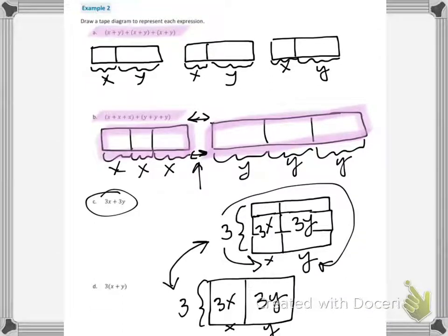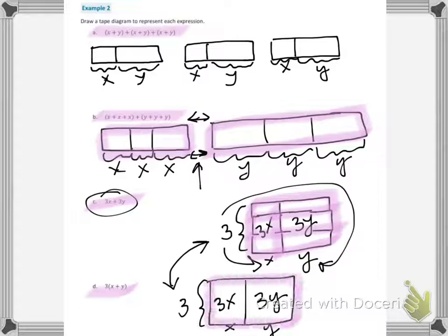So the first question, and probably the most important question, if you look at all these together, what do you notice about all of these? What can we conclude about all of these expressions? Because they're all separate expressions.